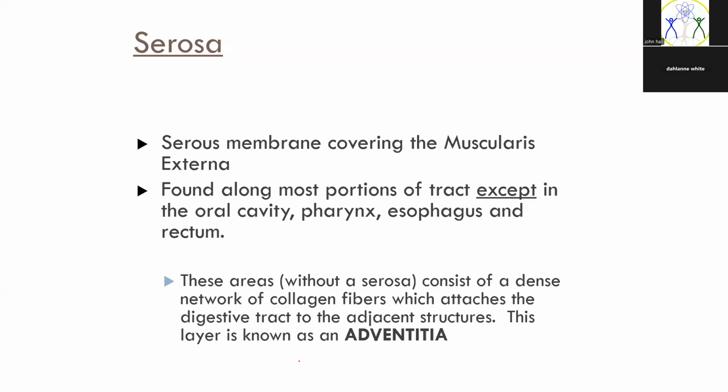The serosa doesn't necessarily anchor the digestive tract onto anything. That's what the mesenteries are for. The adventitia is an anchoring tissue. Even the rectum, if you think about it, when you're defecating, when you're trying to void your bowels, the rectal muscles have to squeeze down to push out the feces, right? So of course that causes pressure changes.